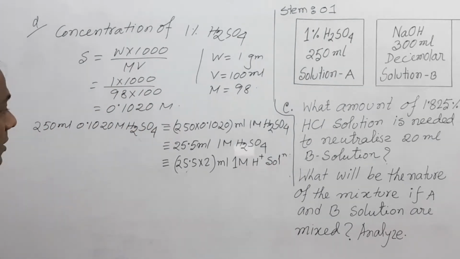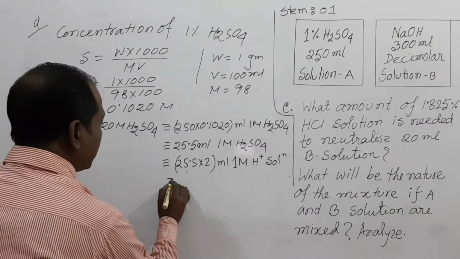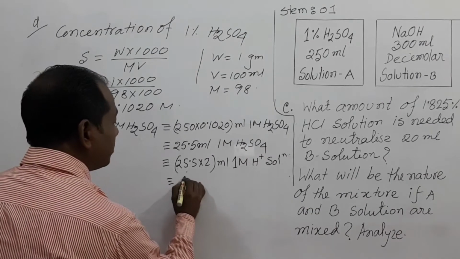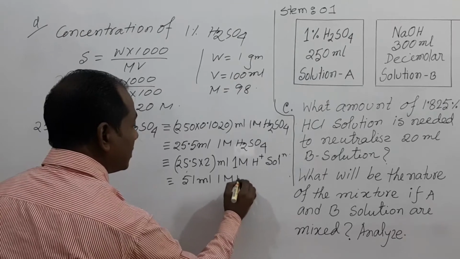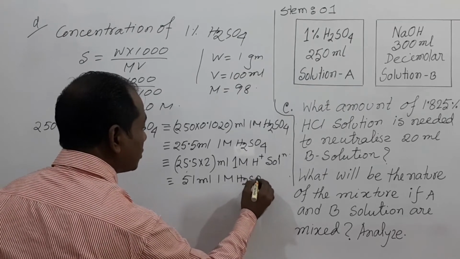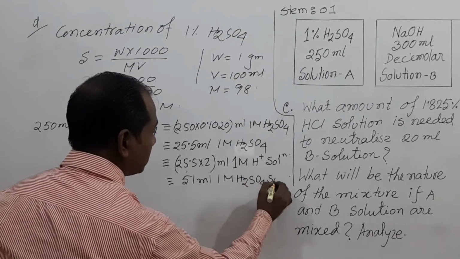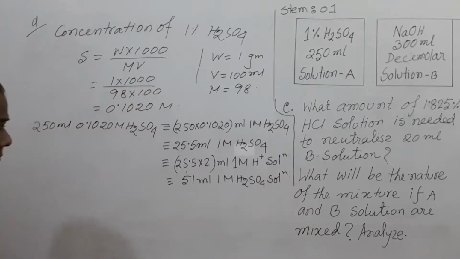Okay, my dear students, we get here 51 ml 1 molar H2SO4 solution.